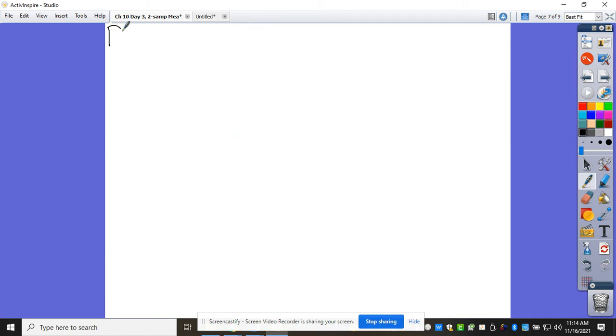Alright, what am I going to need? I'm definitely going to have x bar 1, x bar 2. Some people usually like to put standard deviations with each sample. I might write it that way. I don't care how you write it.